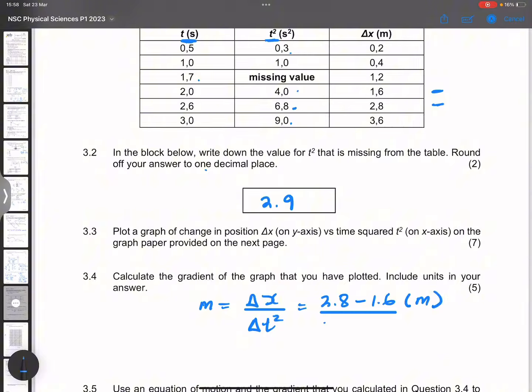When displacement was 2.8, time squared was 6.8, and when it was 1.6, my time squared was 4.0. Right. Am I correct there?